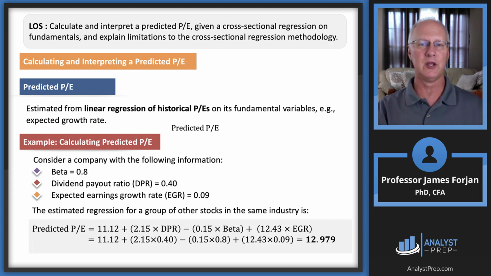Of course, you can use regression analysis to apply fundamentals to relationships between and among any kinds of groups of variables. So let's suppose that the PE ratio is a function of, look at the diamond points there, a function of beta, a function of the dividend payout ratio, and a function of earnings growth rate.